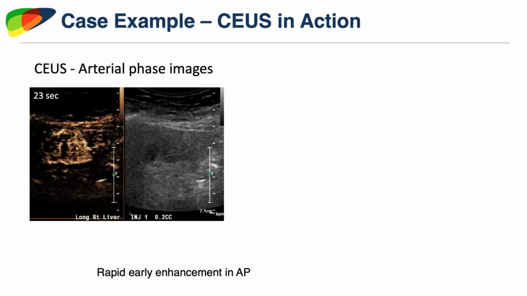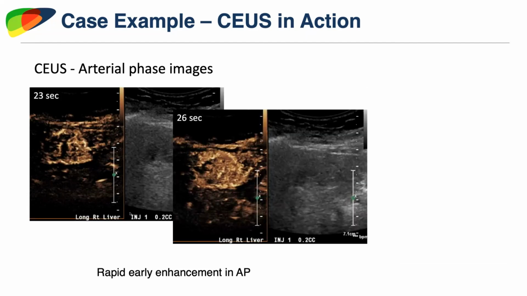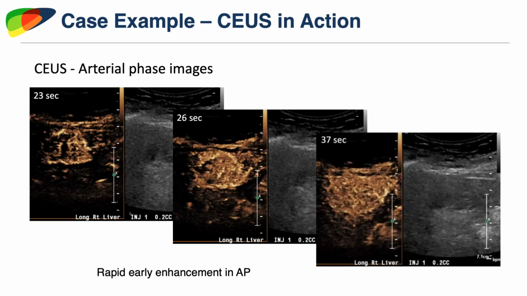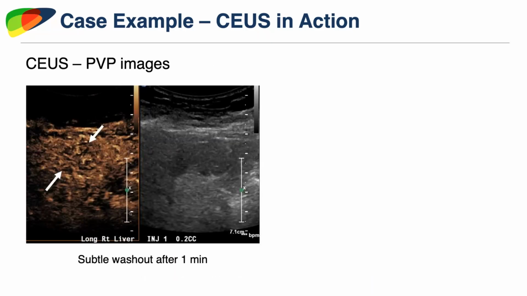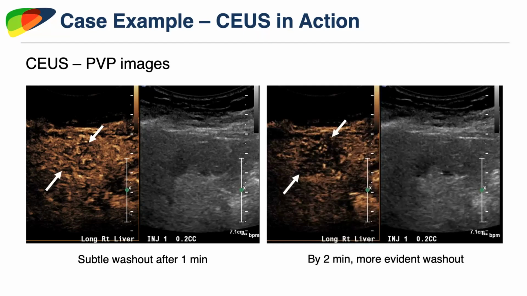Here are the arterial phase images, just snapshots at 23 seconds, 26 seconds, and 37 seconds. You can see solid arterial phase hyperenhancement, and it did show mild, delayed washout.